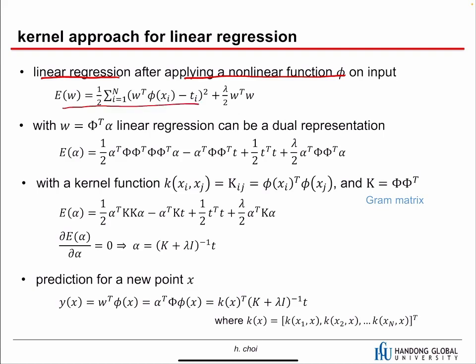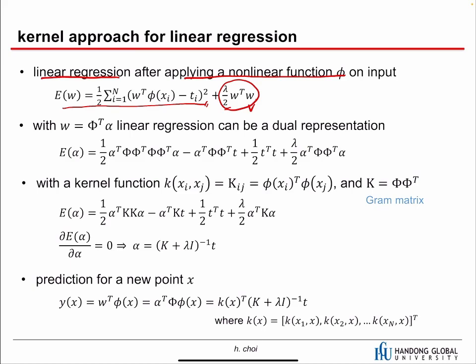This is our loss function. This one is about the regularization, so you don't have to worry about this part yet. After learning the regularizer, we can get back to this term. But for now, just ignore that.